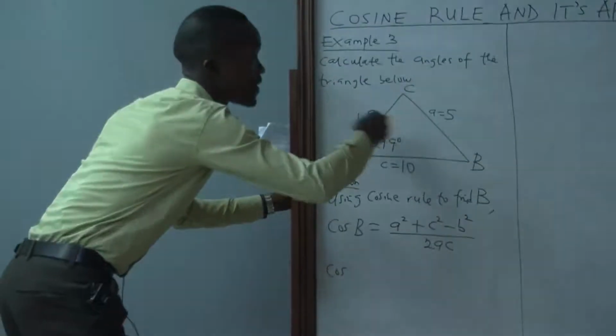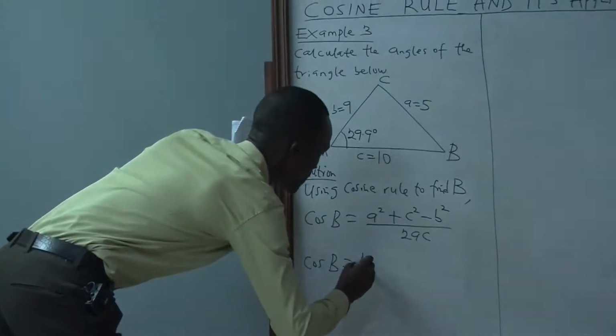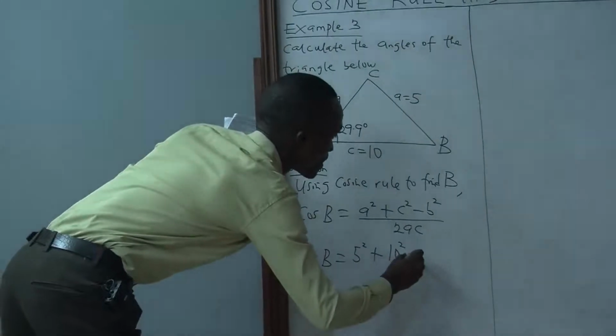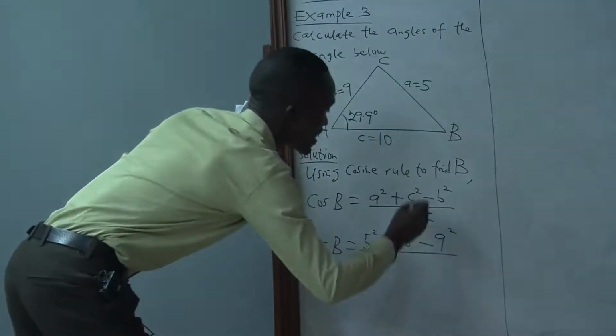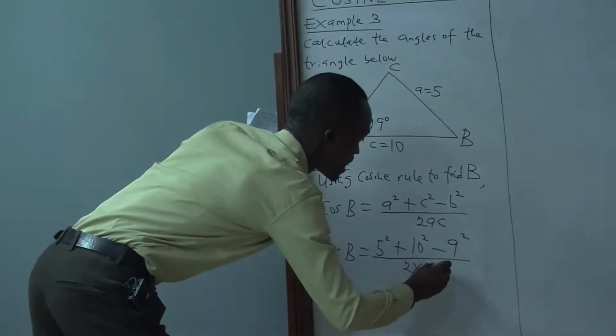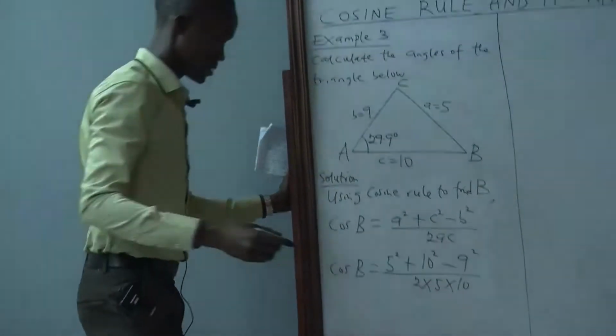So by substituting the values that we have here, we have cos B, a is 5, that is 5 squared, c is 10, that is 10 squared, minus b is 9, 9 squared, divided by 2 multiplied by a, which is 5, and c, which is 10.